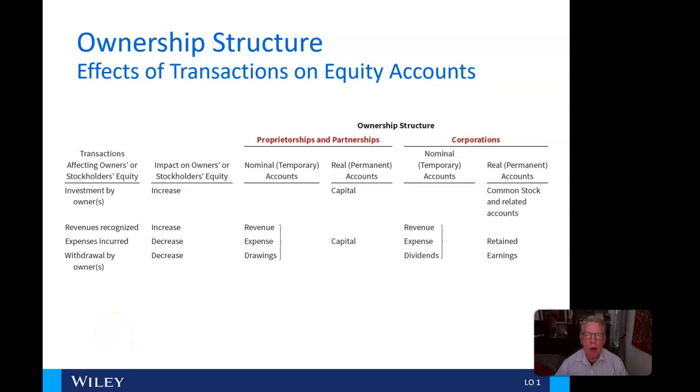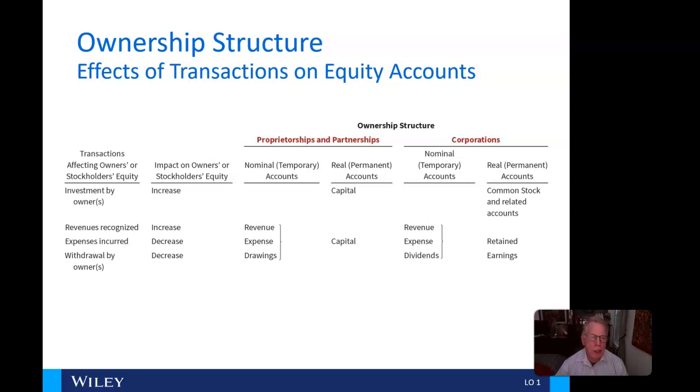And when we left off, we were looking here at ownership structures between proprietorships and partnerships, as well as corporations. There's some slight differences in that partnerships and proprietorships are smaller companies, have permanent capital accounts, and the owners withdraw their money using a drawings account.